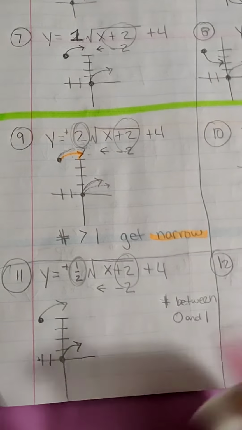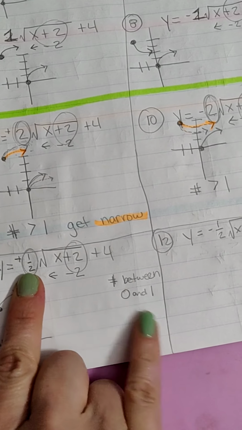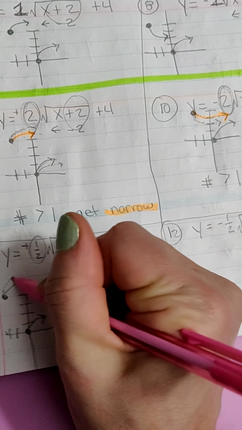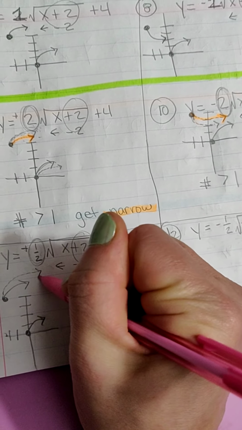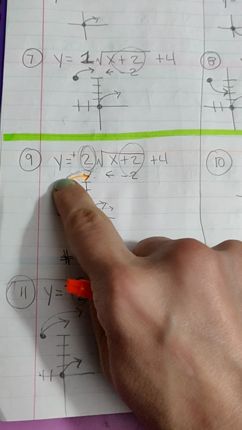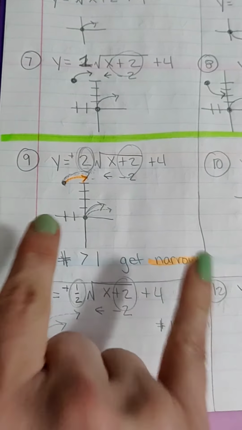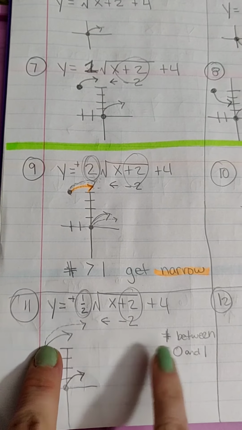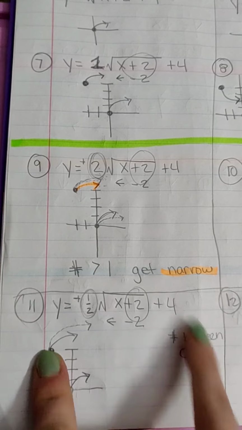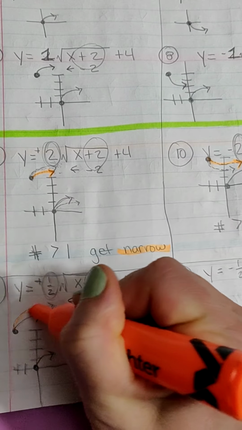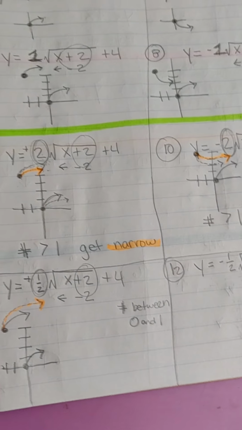Hopefully that's just a review. But when you have a number between 0 and 1, your graph is going to get wider. So up here, you see how it got smaller, or well, narrow. It got narrower. But here, when that number out in front is between 0 and 1, it's going to get wider.